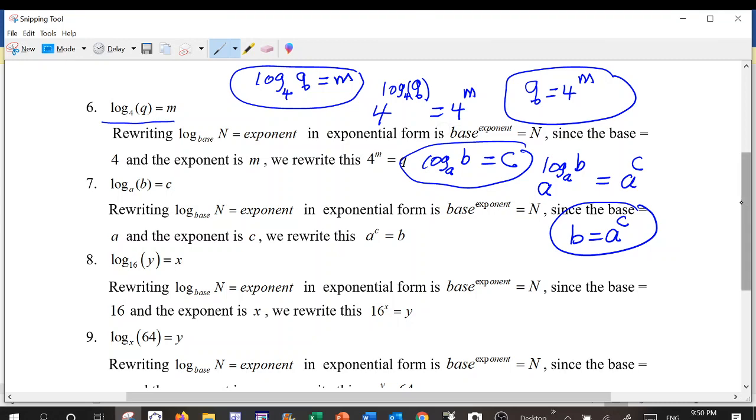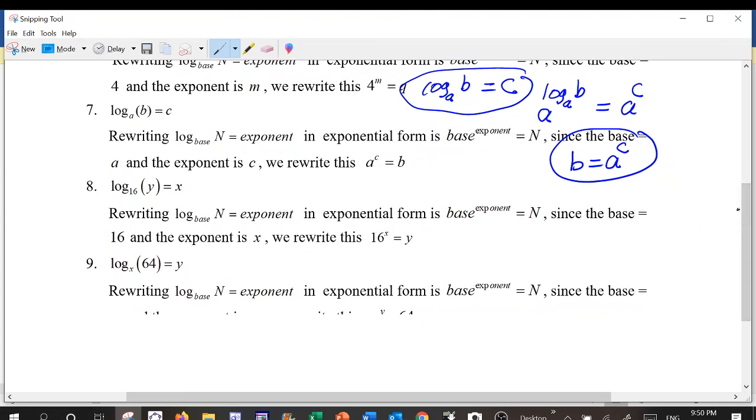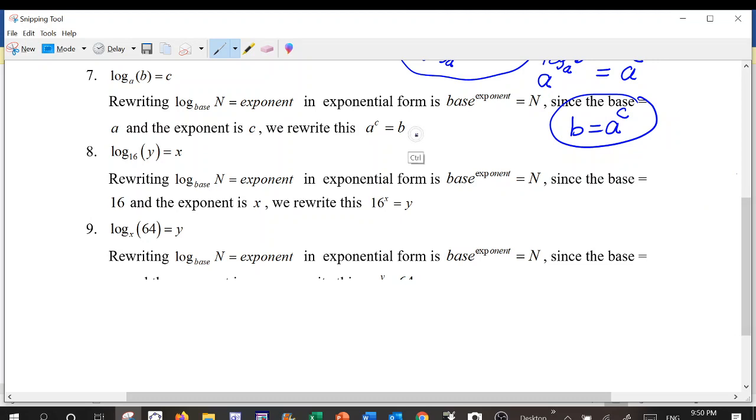All right, so what about this one? Well, that one is basically the same setup. So let me do that one in this area right here. We have log base 16 of y equals x. So now we just write 16 to the left side, 16 to the right side. The result of all that would be just y, and the result of this is 16 to the x power, right? 16 is the base.